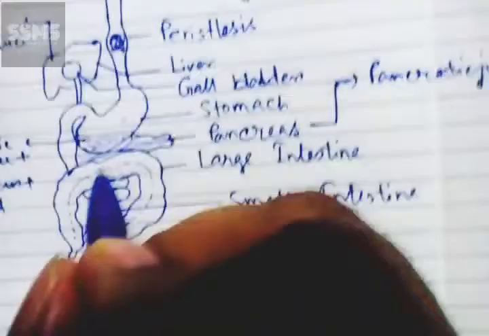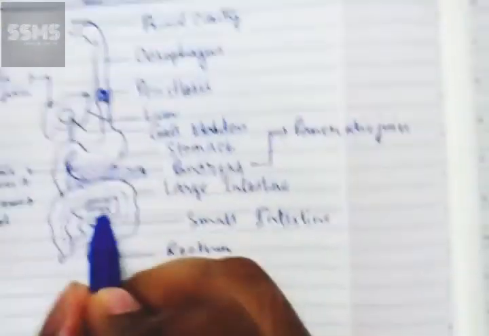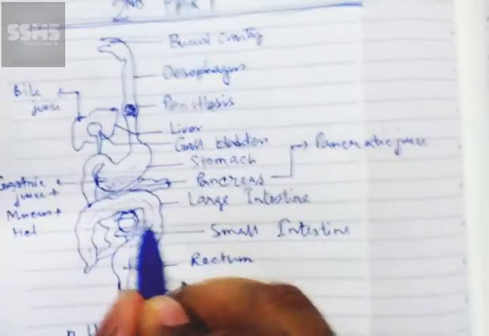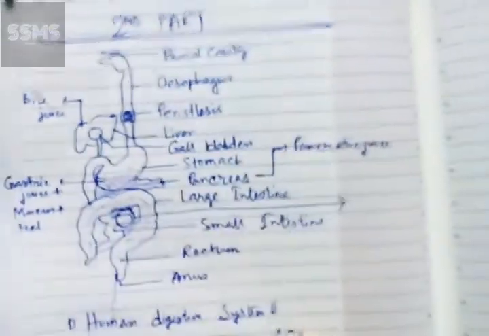What is that? Now, if we observe the internal part, suppose I have taken one part from here, and we observe the inside of this small intestine.